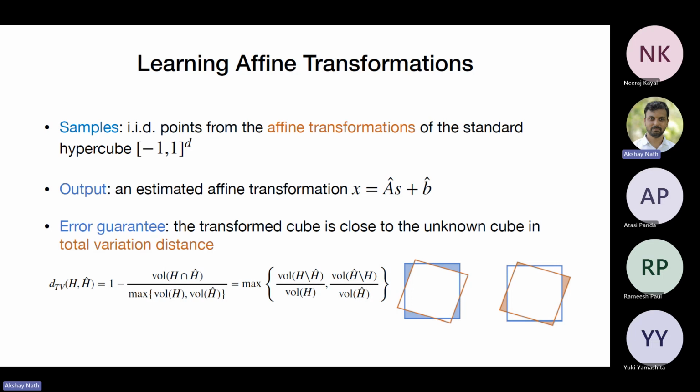The total variation distance is the maximum of either the volume of the blue part over the volume of the blue cube, or the volume of the orange part over the volume of the orange cube.